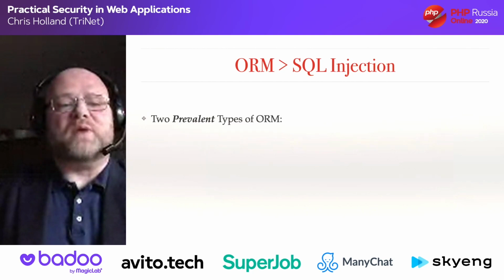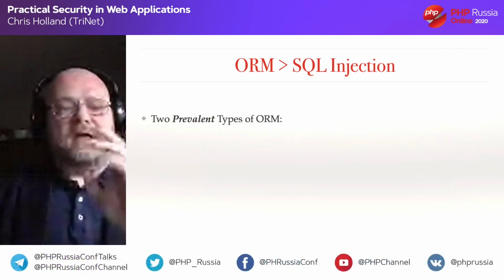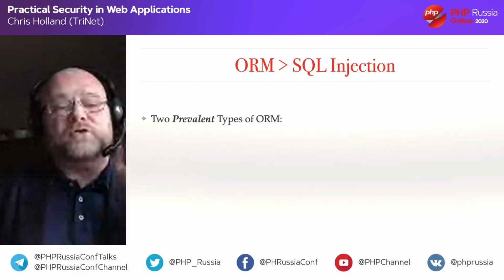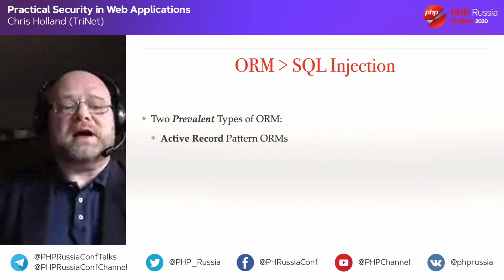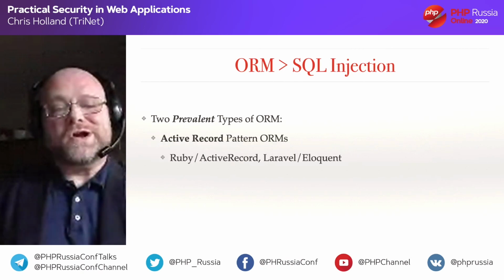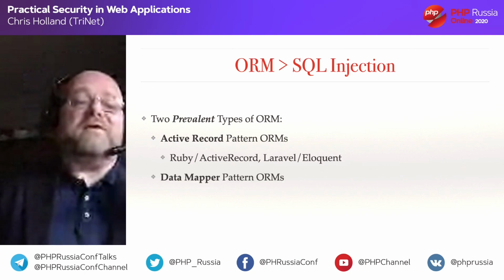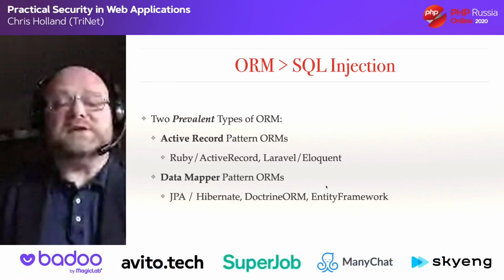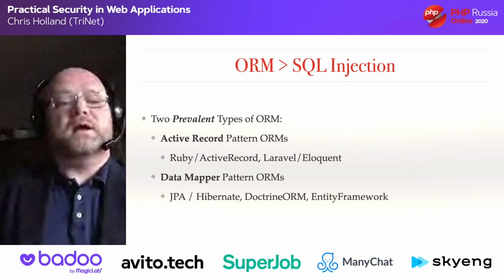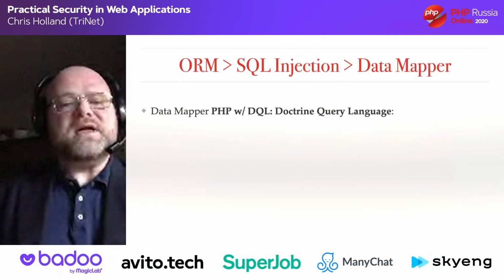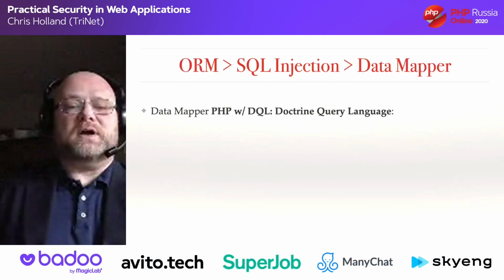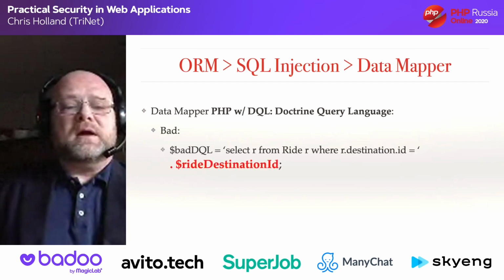But I'm going to show you an example where you can get in trouble. I'm going to show you examples on two prevalent types of ORMs. You have your active record patterns such as Laravel and Eloquent, and then you have data mapper pattern ORMs such as Doctrine ORM. So here's where you could get in trouble with a data mapper ORM.